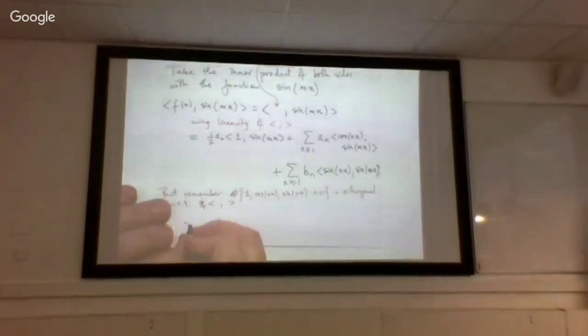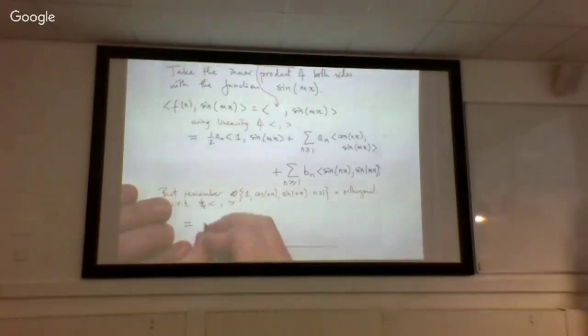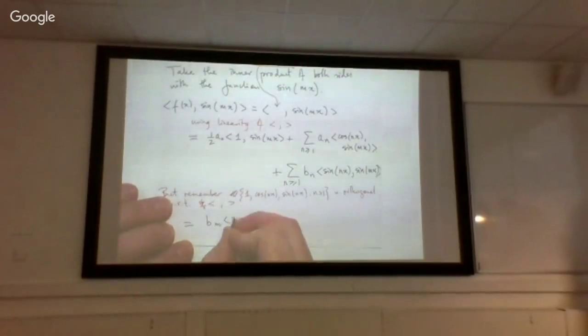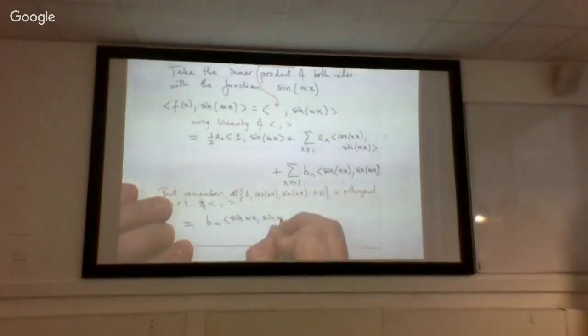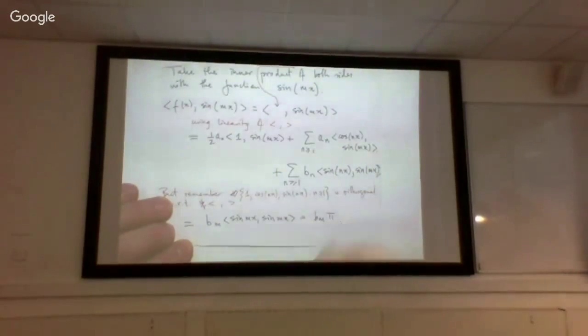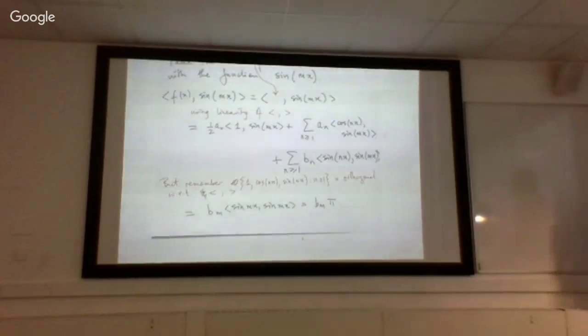So everything disappears from this huge sum except bm times the inner product of sine of mx with sine of mx, which is bm times pi. And that's due to the orthogonality of this family of functions with respect to this inner product.